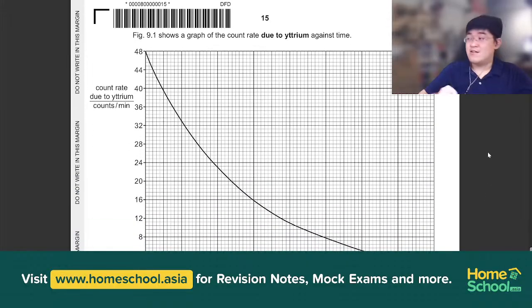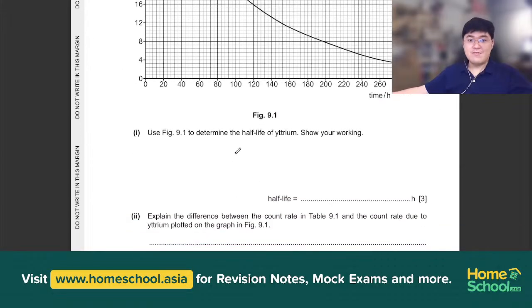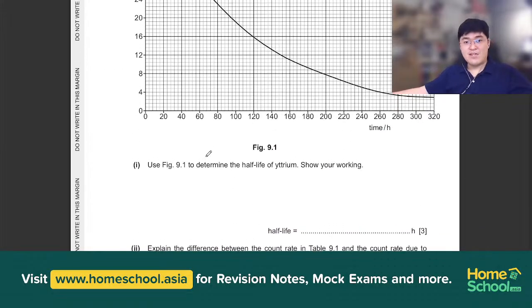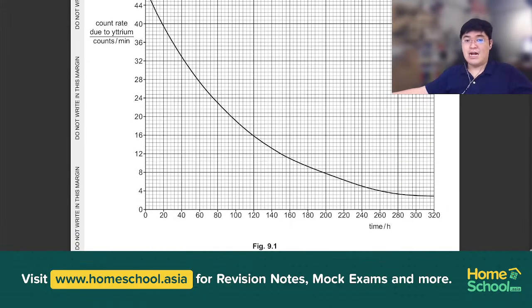And of course, when you have a table of values, you can plot a graph. This shows a graph of count rate due to yttrium against time. As you can see, it's a downwards curve like that. So what we need to do is use figure 9.1 over here to determine the half-life of yttrium, and we have to show our working.